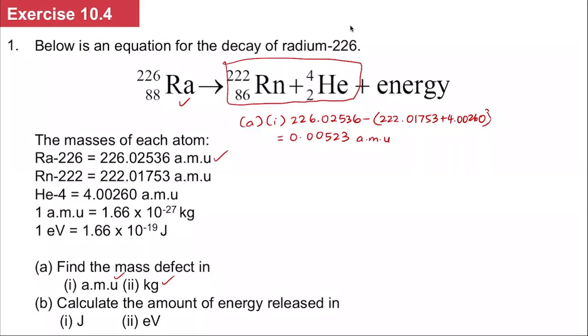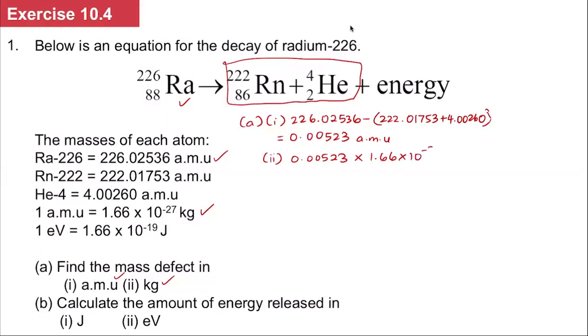Okay, next one is in kilogram. So you convert the AMU into kilogram. So 0.00523, you times with this number. 1 AMU is equals to 1.66 times 10 to the power negative 27 kilogram. So you multiply with that number.